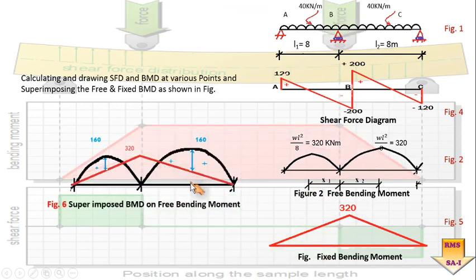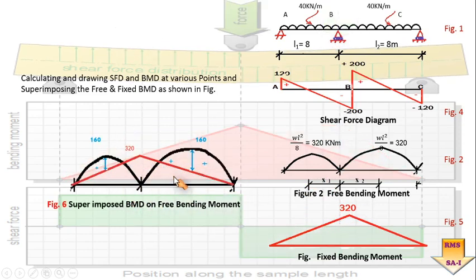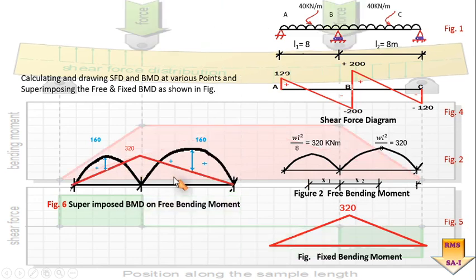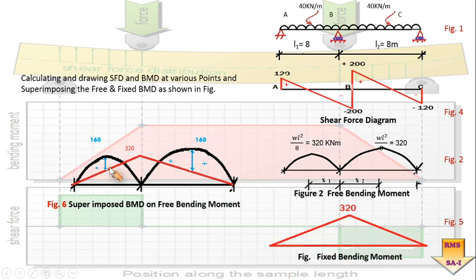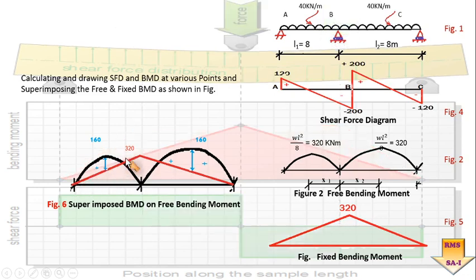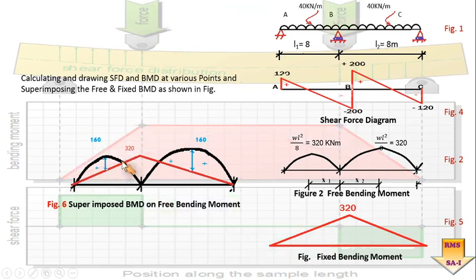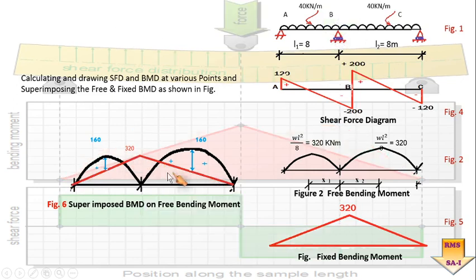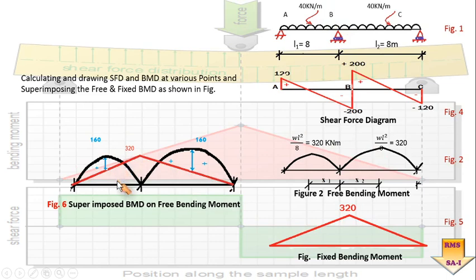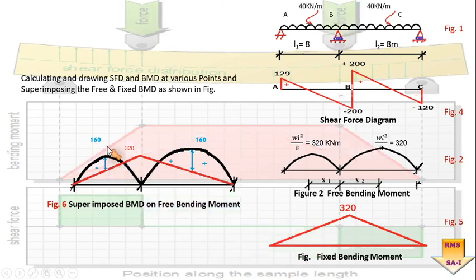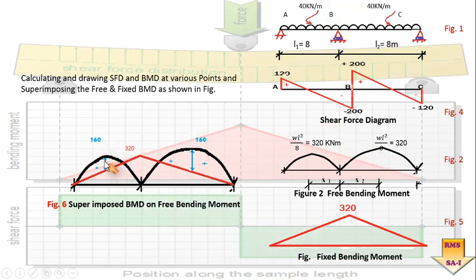In earlier lectures also I have told you that this line is going to act as a neutral axis now. On this particular line and on this inclined line, the value of bending moment will be equal to 0. Below that are negative and above that line are going to be positive. So this is how we are going to superimpose both the diagrams.